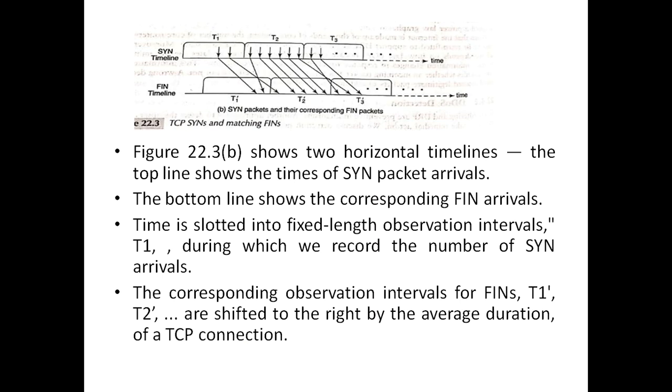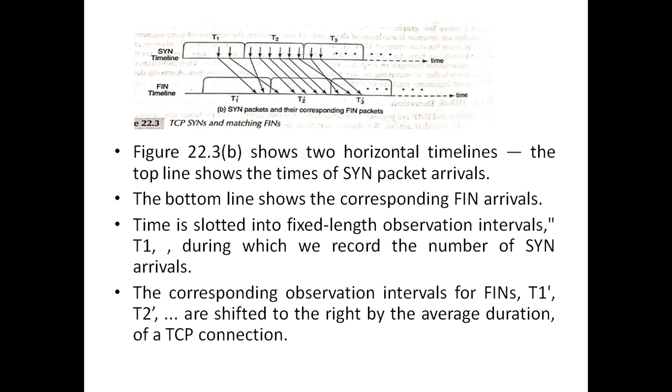Now the second figure, 22.3b, shows two horizontal timelines. The top line shows the times of SYN packet arrivals. The bottom line shows the corresponding FIN arrivals. Time is slotted into fixed length observation intervals, say T1, T2, during which we record the number of SYN arrivals.